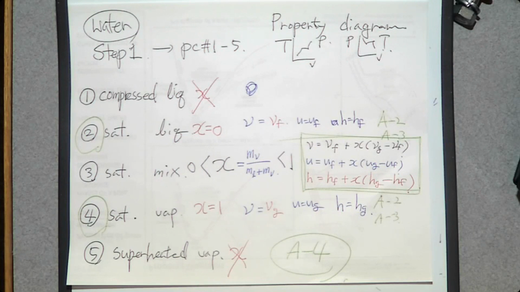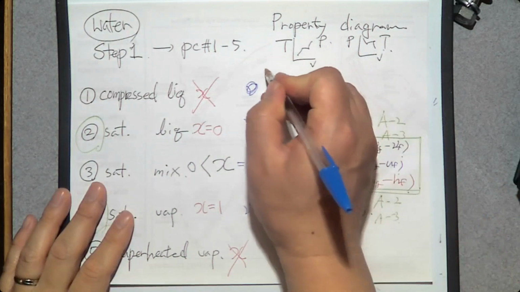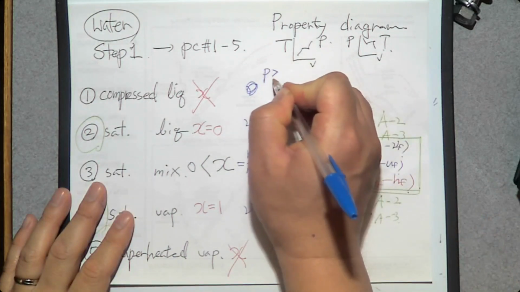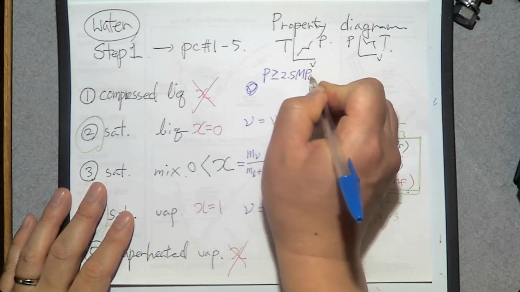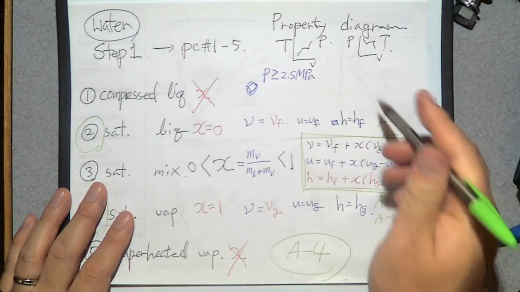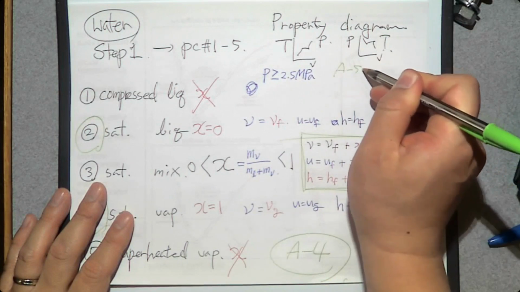So what was the minimum pressure in the table? 2.5 megapascal. So that's the magic number. When pressure is greater than or equal to 2.5 megapascal, there's nothing we can do. Go to table A5.